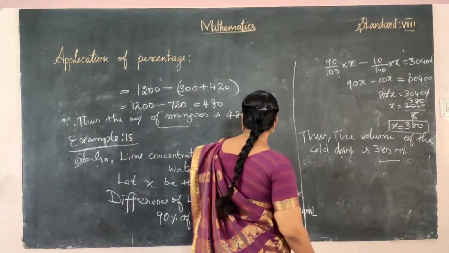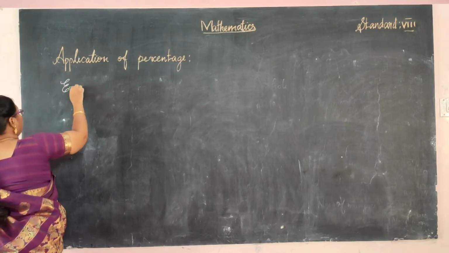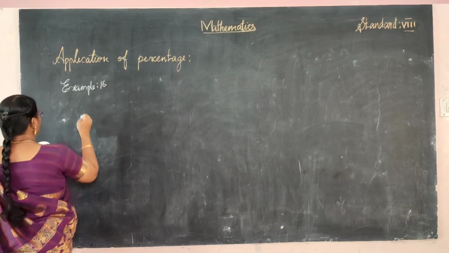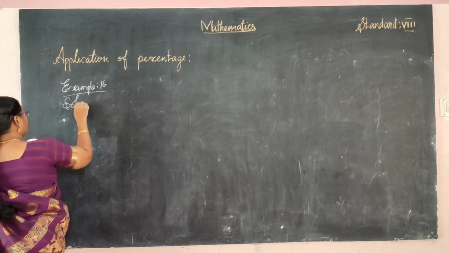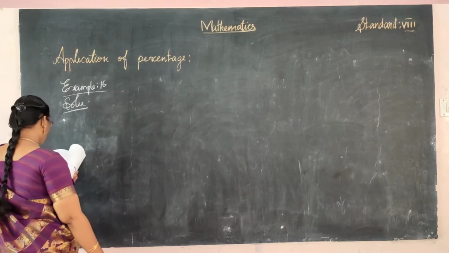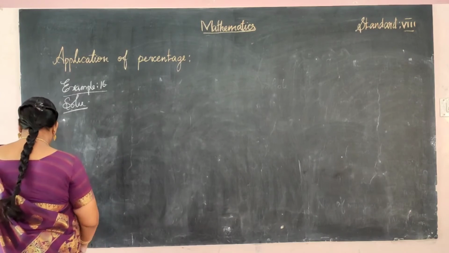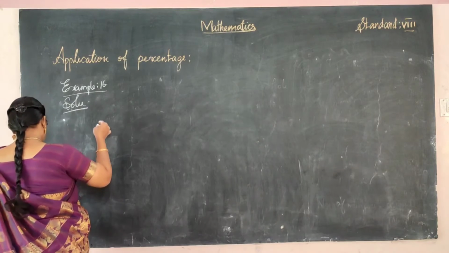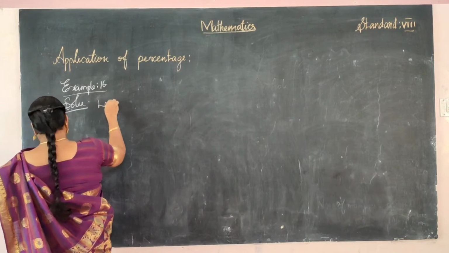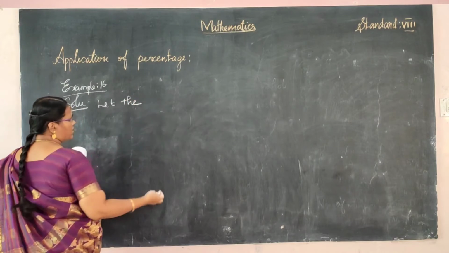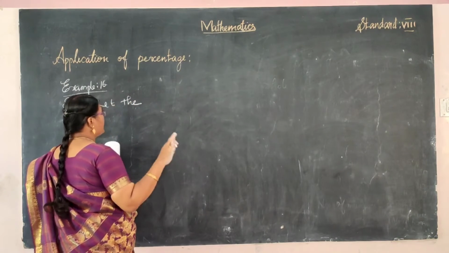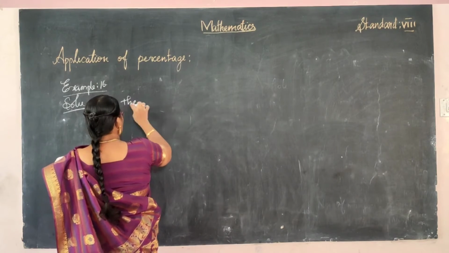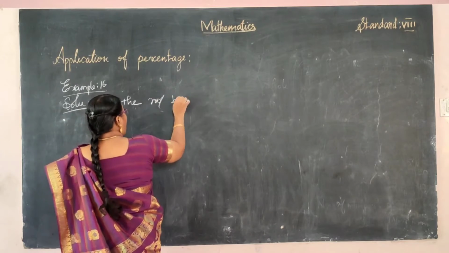After subtracting, we get the net percentage of decrease value. We got it. Okay, example 16. Solution. Let the number be x. The whole is 100 percentage, so we consider the number to be 100.